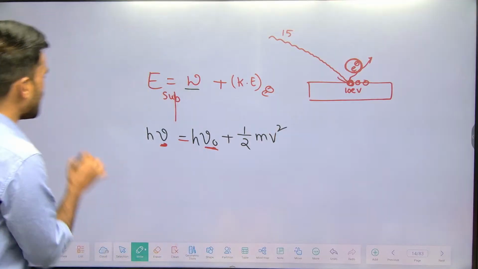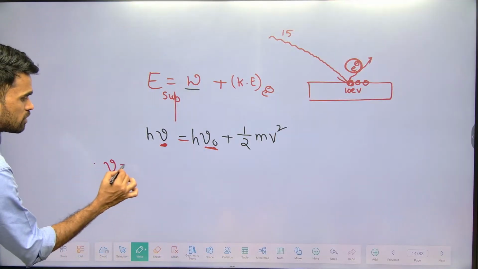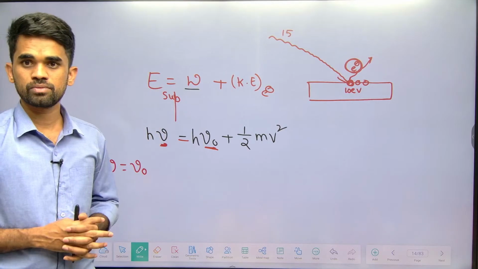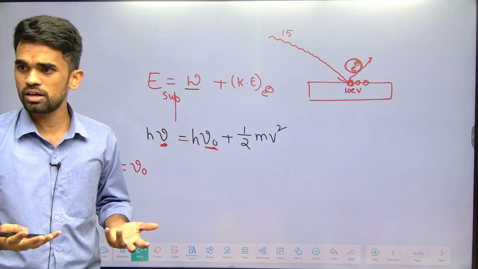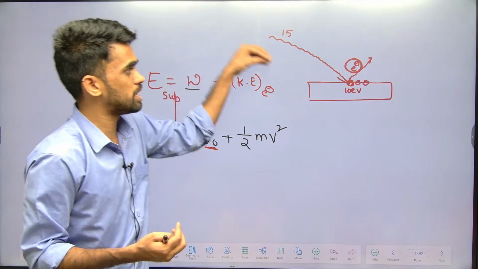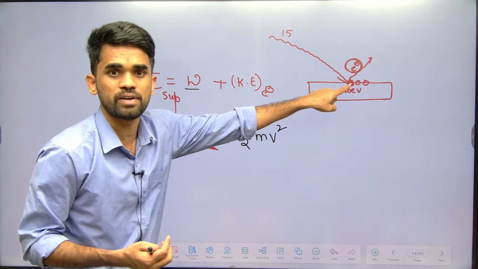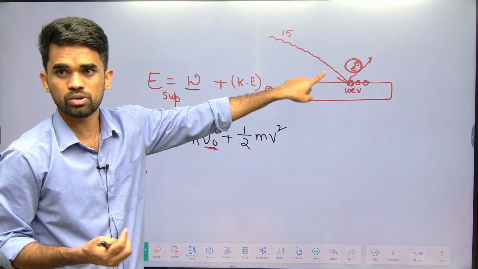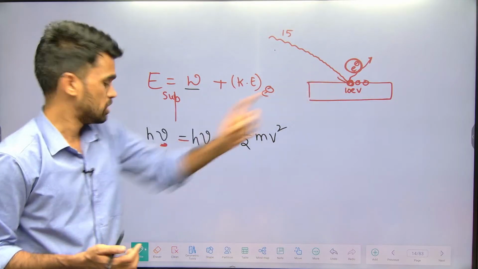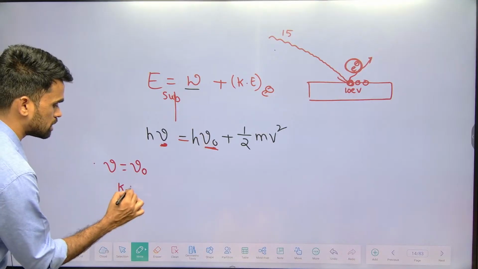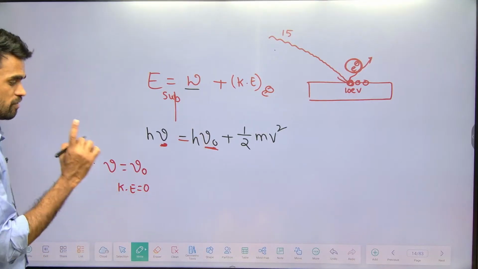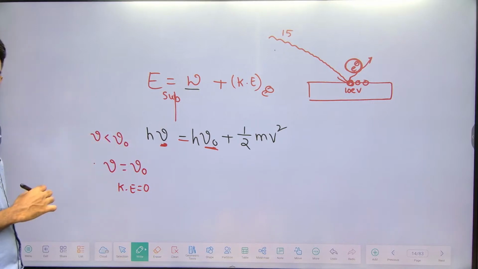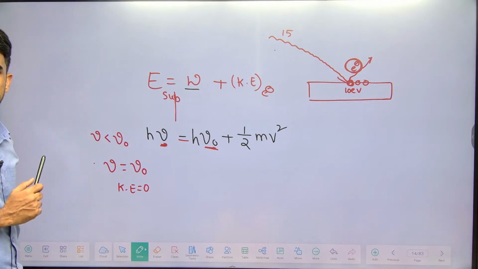Now if I say applied frequency equals threshold frequency, what happens to kinetic energy? Zero, because whatever energy I am sending equals the energy required for the electron. 10 electron volt is required, and I am also sending 10 electron volt. So there is no kinetic energy, so KE equals 0. And one more thing, if nu is less than nu naught, will the photoelectric effect take place or not?